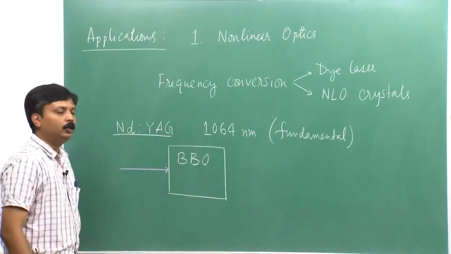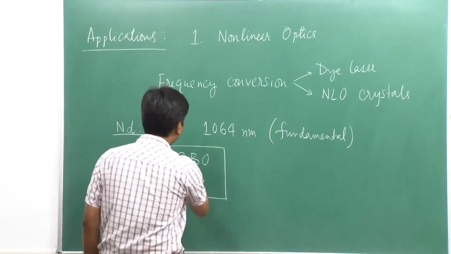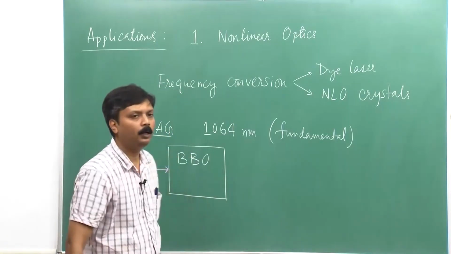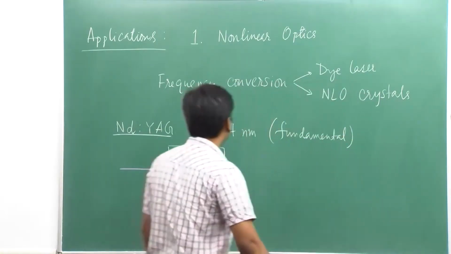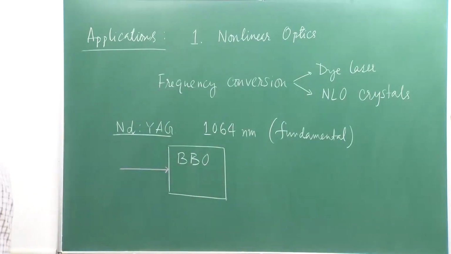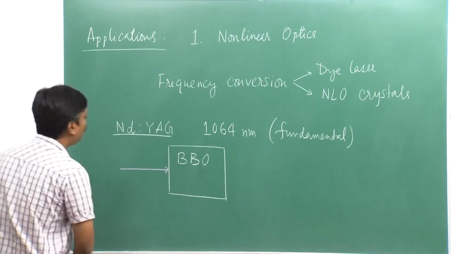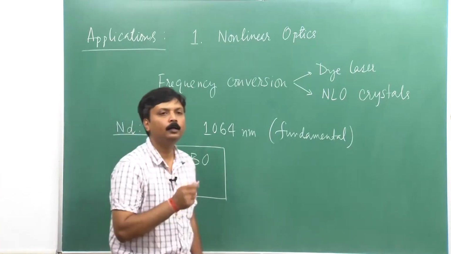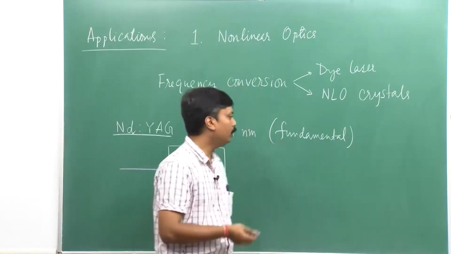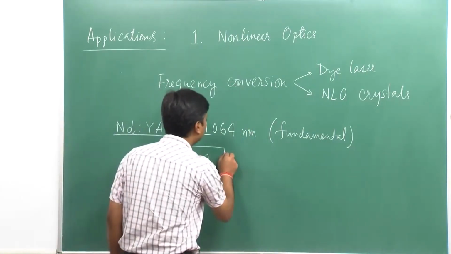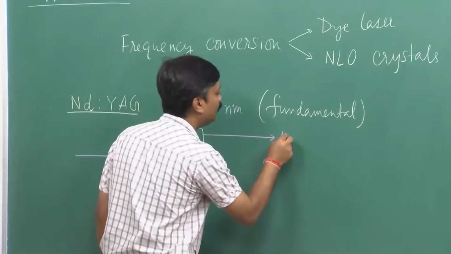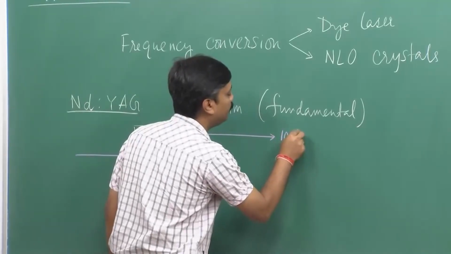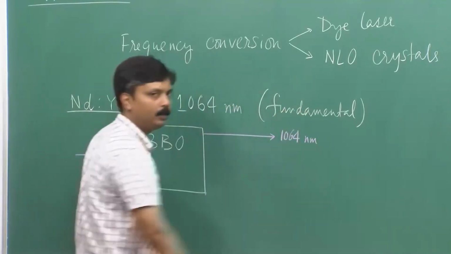When the light passes through this under certain conditions, under a certain angle, one can get several different frequencies. Of course, the light can also just pass through as it is, so one will get back the 1064 nanometer light unperturbed.